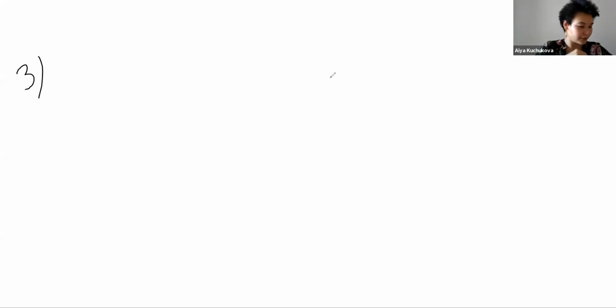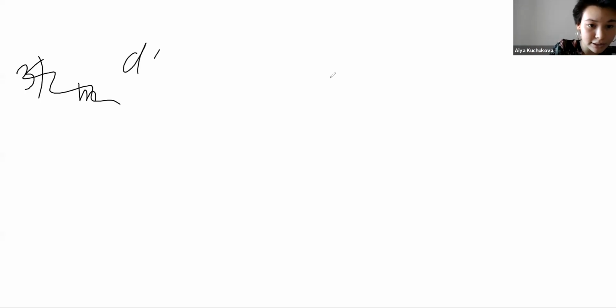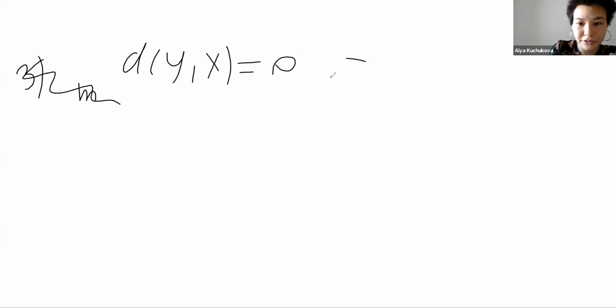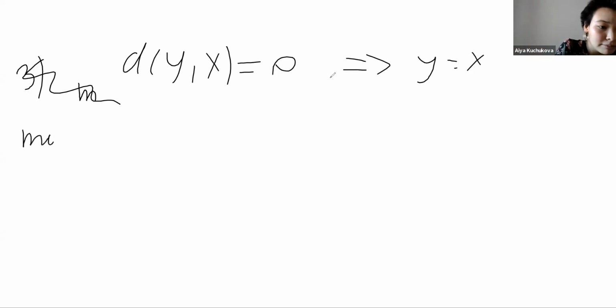So basically, when we have that, we have to show 2 sides. First, if we know that d(y,x) is equal to 0, we have to understand from that that y is equal to x. Why is that true? Because we take the maximum of absolute values, right?